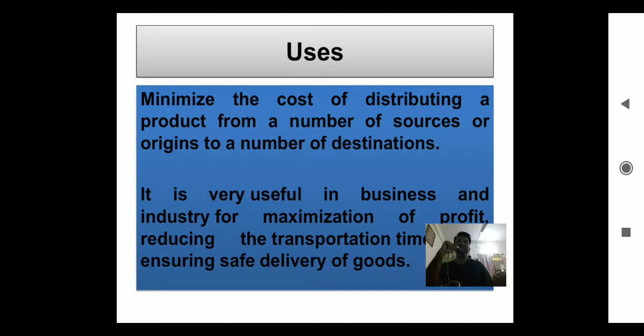If the cost is minimized, it automatically increases the profit by reducing the transportation time and ensuring safe delivery of goods. The main usage is to maximize the profit, reduce the transportation time and ensure safe delivery of the goods.